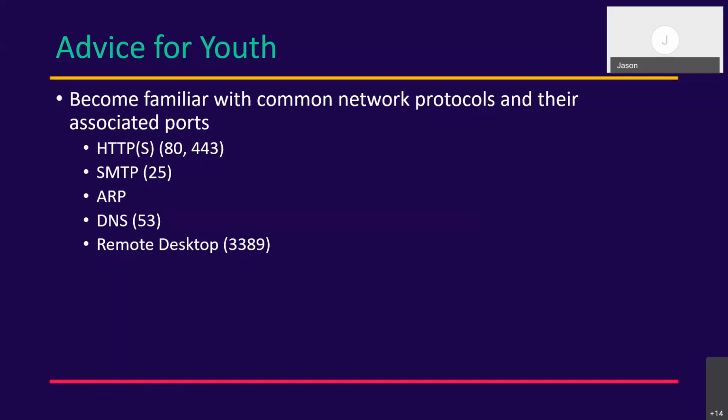So if you see 3389 and you know that there's no reason for any of your machines to use remote desktop, that means somebody has a remote desktop session open on your screen and they're seeing what's on your computer.